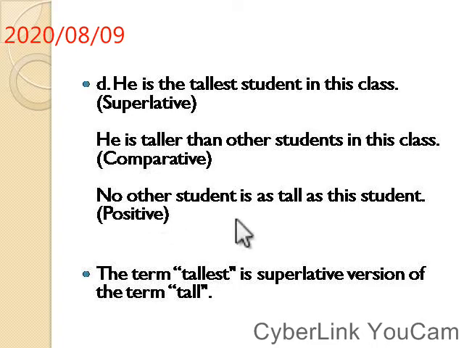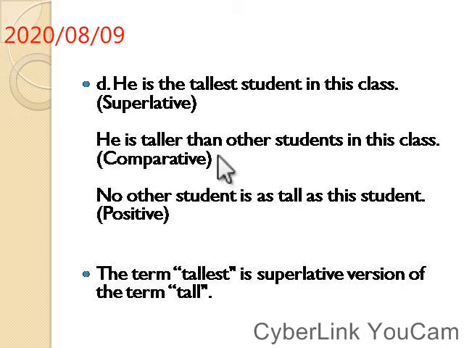No other student is as tall as this student. In the comparative degree, tall should be taller. In the superlative degree, it should become tallest. Okay, tall, taller, tallest. So in the comparative degree, it should be taller than. In the superlative degree, it should be the tallest.